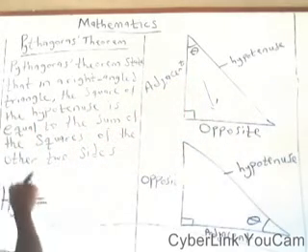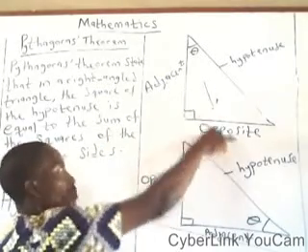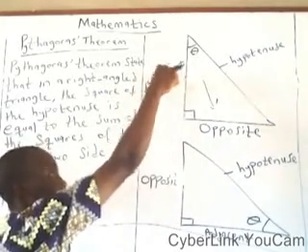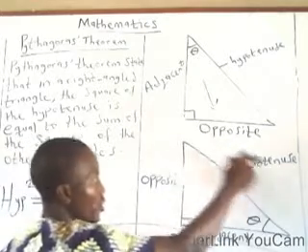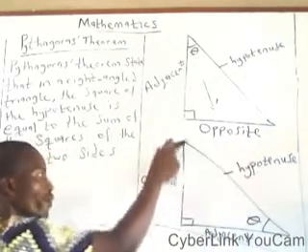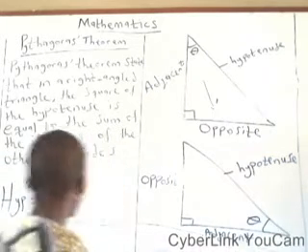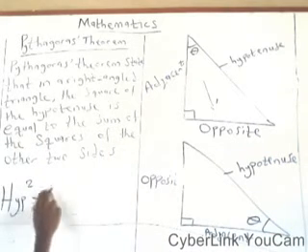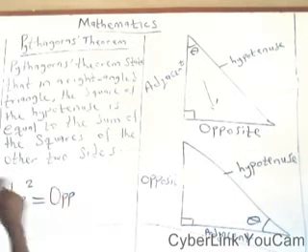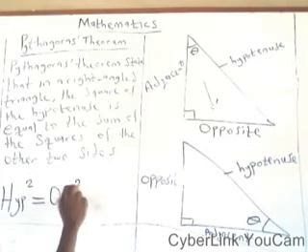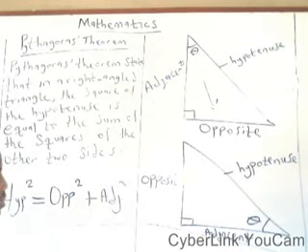Now they are saying that the hypotenuse square is equal to the square of this side plus the square of this side. Or making use of this triangle, that is, hypotenuse square is equal to the square of the opposite plus the square of the adjacent. So we can easily represent opposite with OPP.